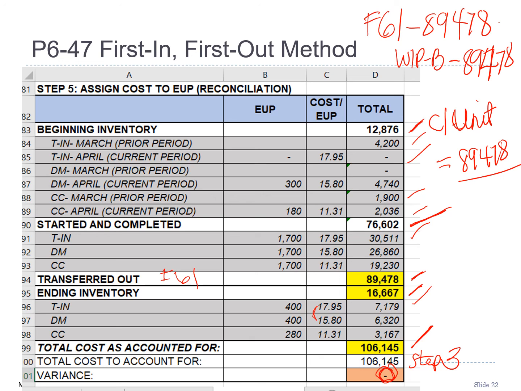Kasi, 300 ang beginning inventory plus 17, so 2,000 yung actual units ko. So, balikan nyo na lang para ma-check kung tama. So, lalabas, ang cost per unit natin is 89,478 divided by 2,000. That's 44.74.